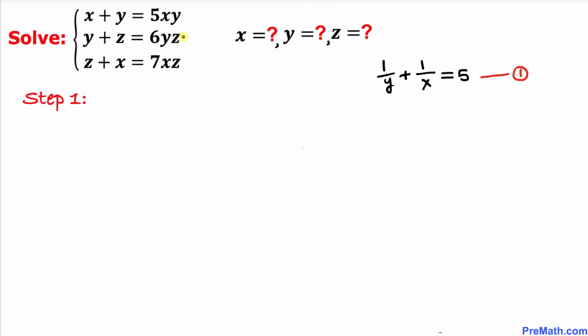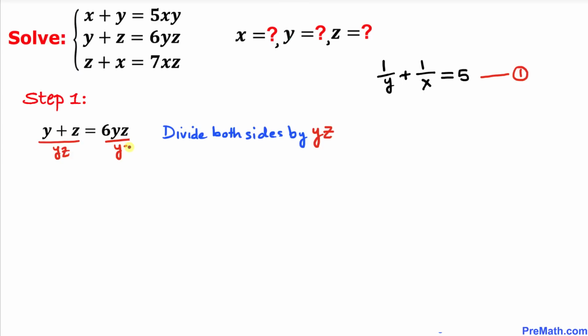And now let's focus on this next equation, y plus z equal to 6yz. And here I have copied it down. Now let's go ahead and divide both sides of this equation by y times z. And now we can split these fractions on the left hand side, and on the right hand side, yz and yz are gone.